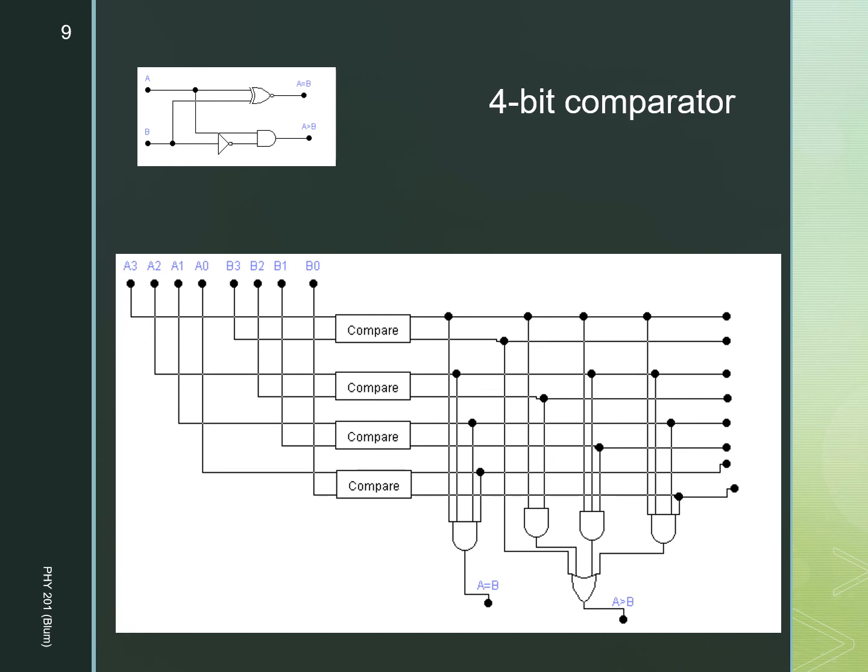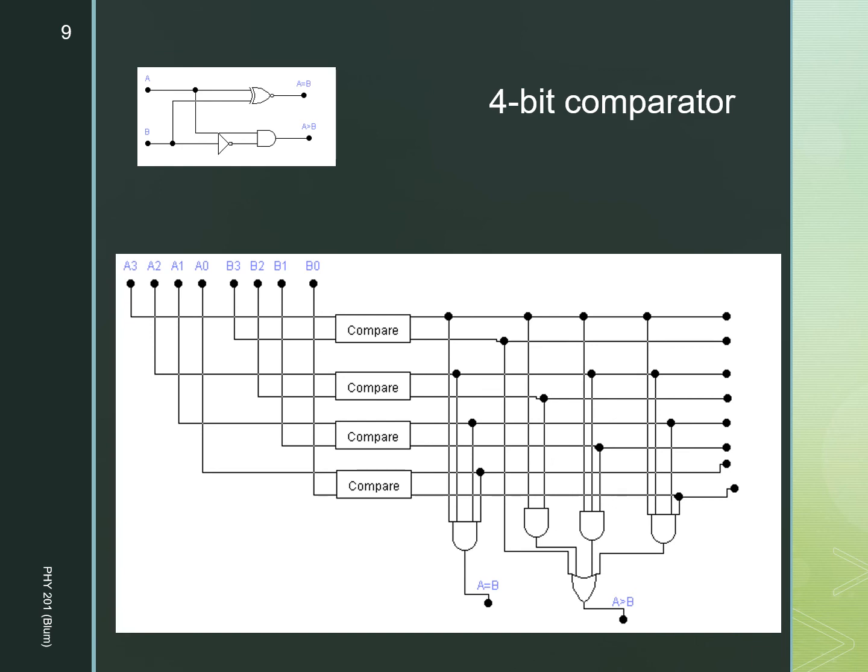The next scenario is if A3 and B3 were equal, and A2 and B2 were equal, and A1 was bigger than B1. And our final scenario is when A3 and B3 are equal, A2 and B2 are equal, A1 and B1 are equal, and then A0 is greater than B0.